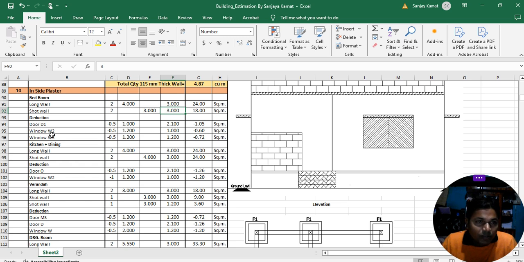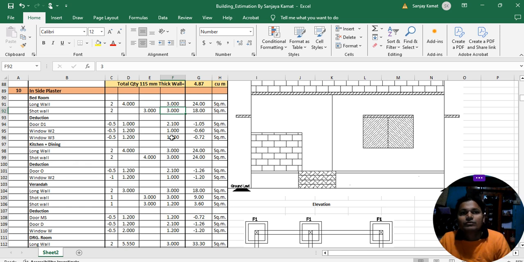Now W2. Now we are going to reduce window W2. For this we will take the number minus 0.5, length 1.00 meter, and thickness 1.00 meter.